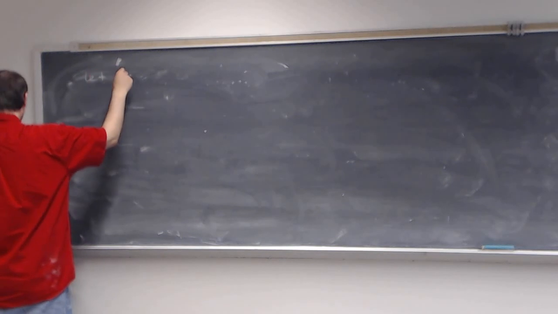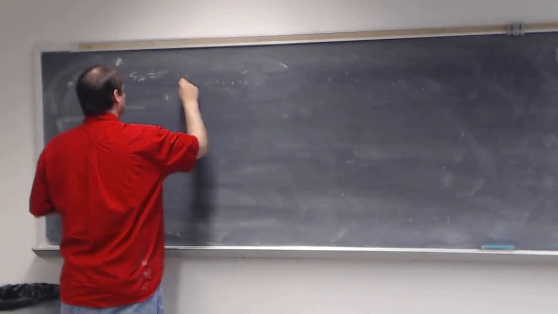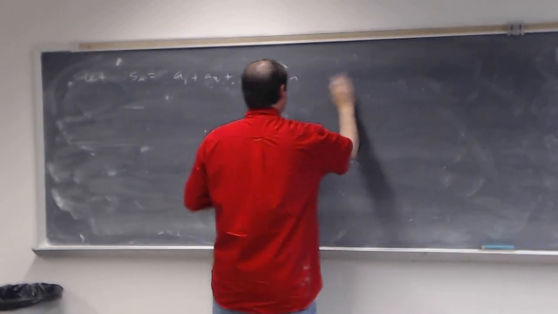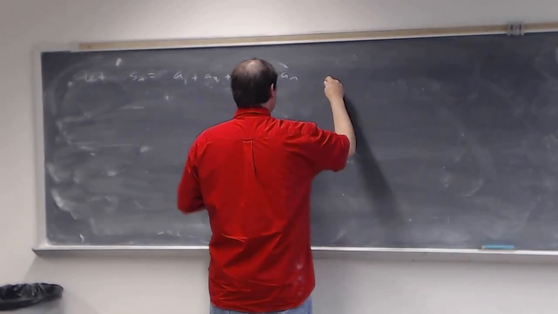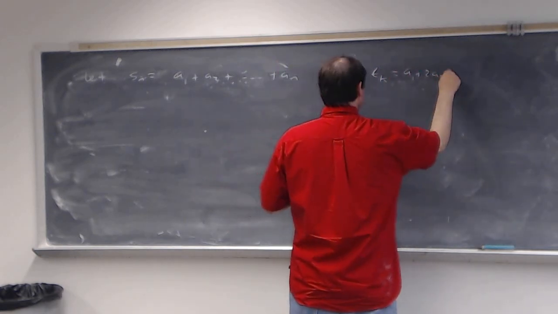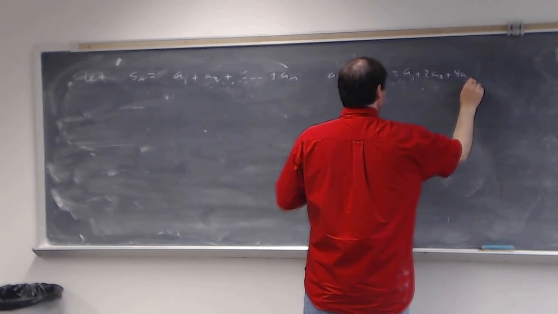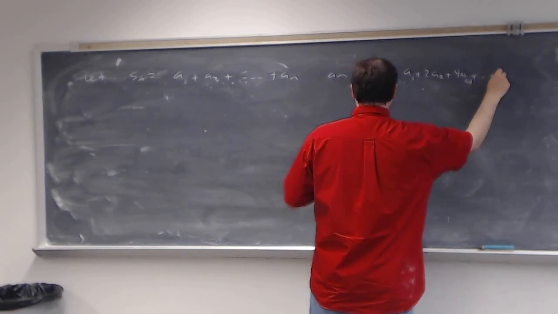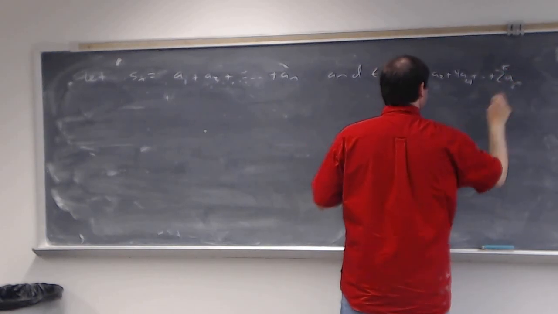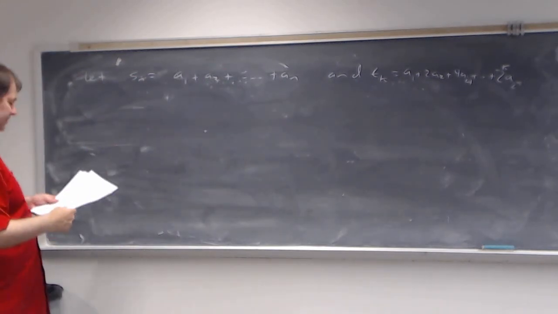So here's what we observe. You let S of n equal a sub 1 plus a sub 2 plus all the way up to a sub n. So that's the partial sum for the series of a. And T sub k equals a sub 1 plus 2 a sub 2 plus 4 a sub 4, plus all the way up to 2 to the k times a sub 2 to the k, which is, of course, the k-th partial sum for the other series involved.